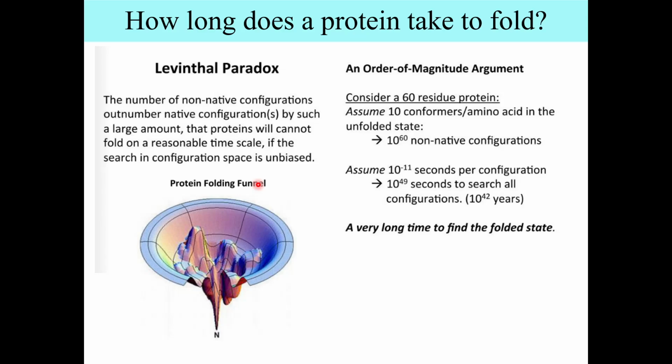Okay, so this is the protein folding funnel, and this funnel tells you that even though the rim of the funnel is huge, the rim of the funnel tells you exactly the number of possible conformations that an unfolded protein might have to go through to reach the native state.